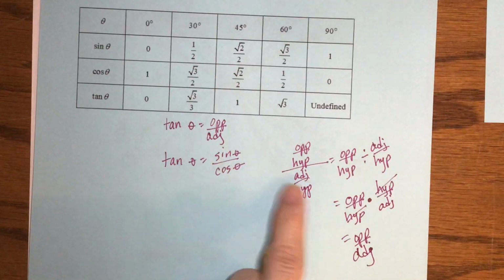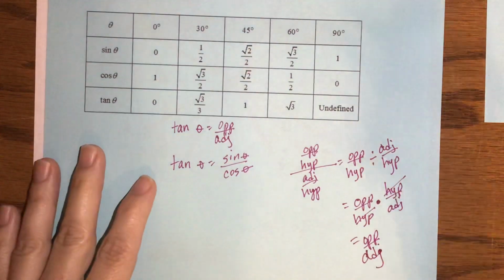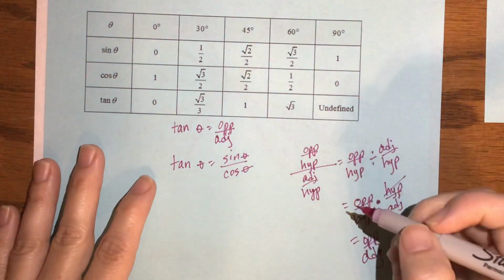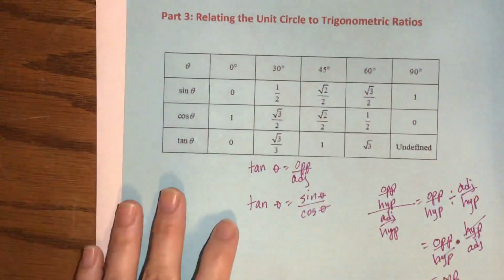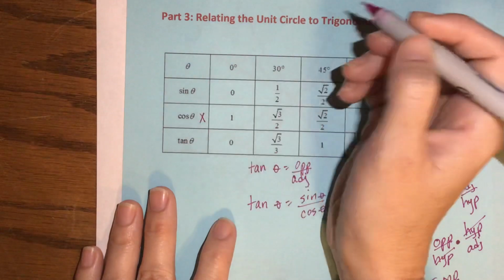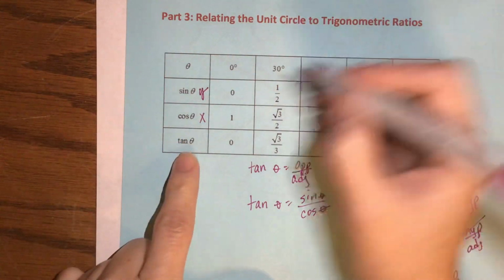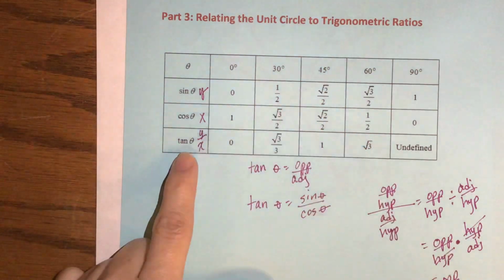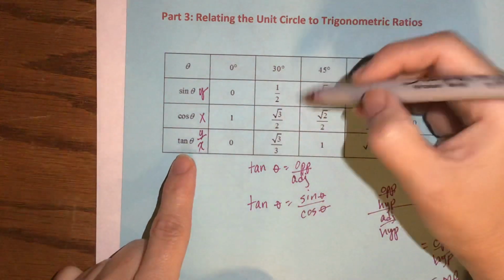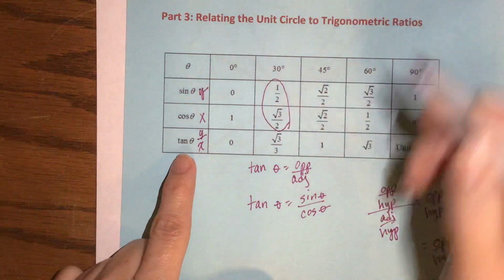Right? So here's what that means for me. If tangent is sine over cosine, and cosine is your x, sine is your y, that means that tangent is y over x. So look at our tangent. Let's do for 30. Ready?